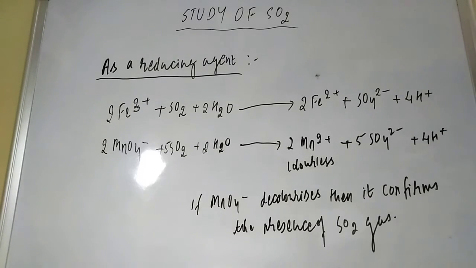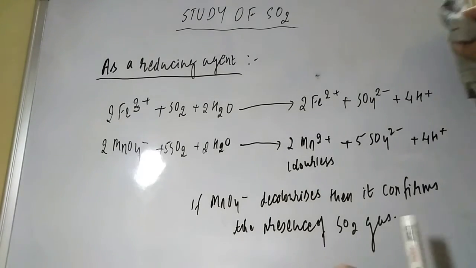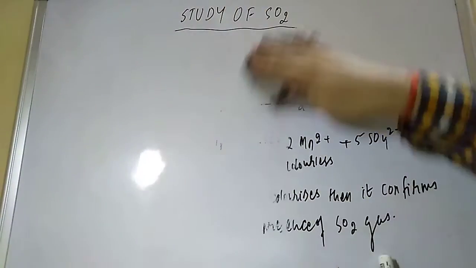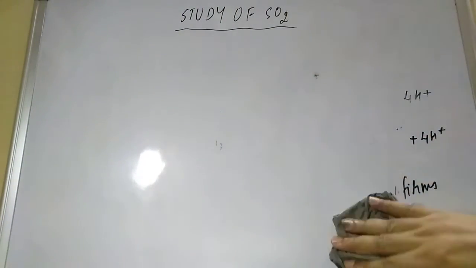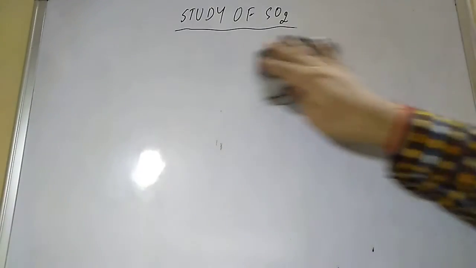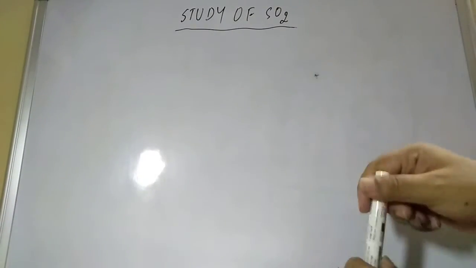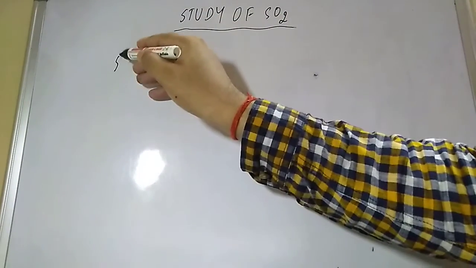Now student, you have only 2 small headings left. When you are going to write the structure, it has a bent shape.